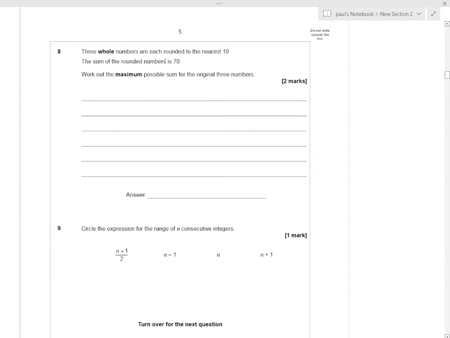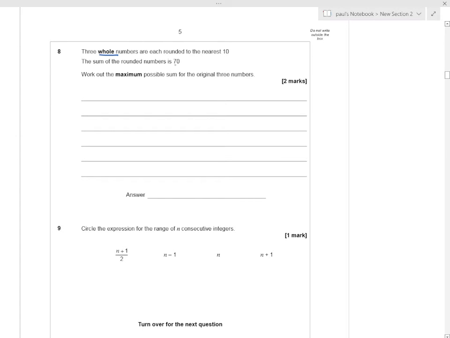Right, the three whole numbers are each rounded to the nearest 10. The sum of the rounded numbers is 70. What's the maximum possible total for the three original numbers? So now we've got to find numbers that round to 10. We're keeping whole numbers. So we need the biggest number that rounds down to a 10.